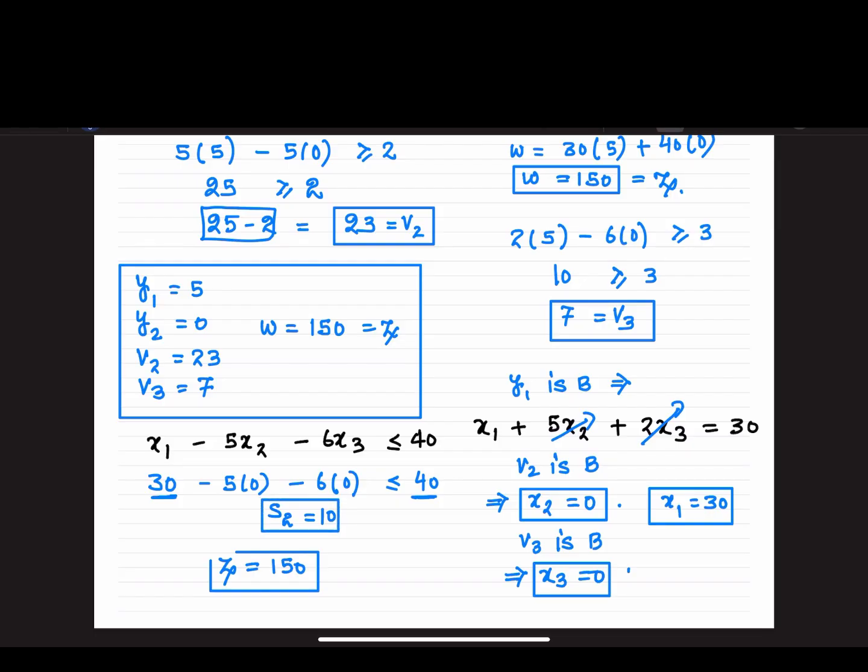Okay. So now we have all the information of the dual variables also and the primal.